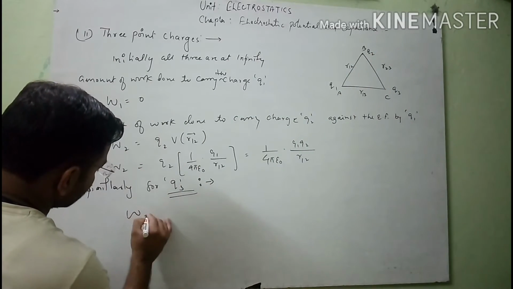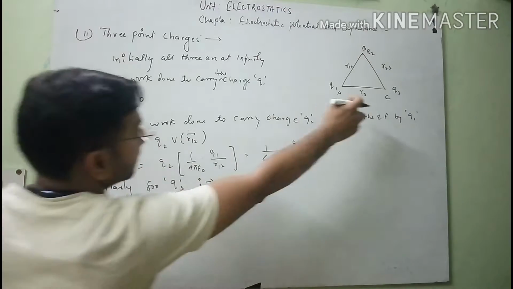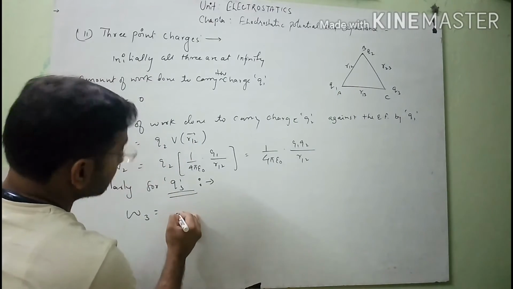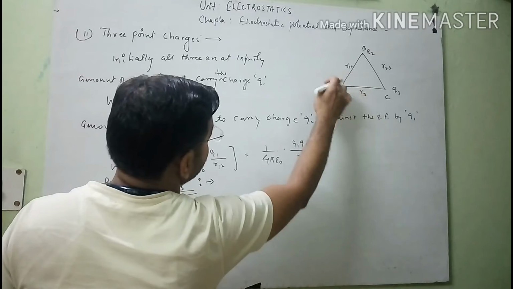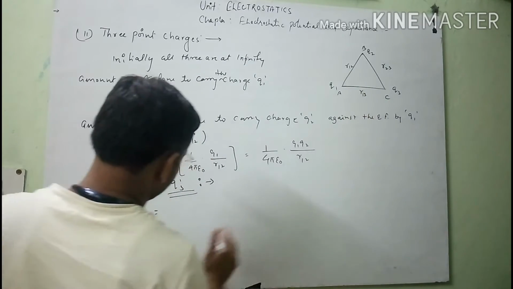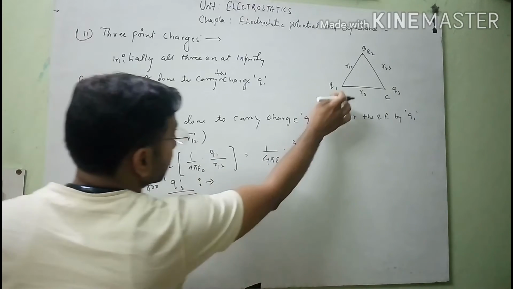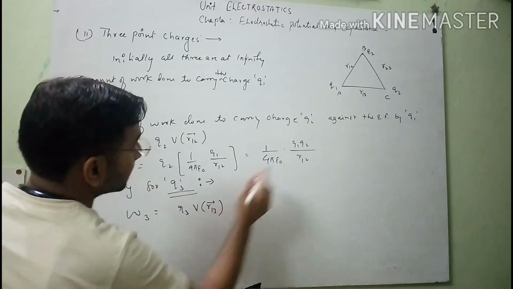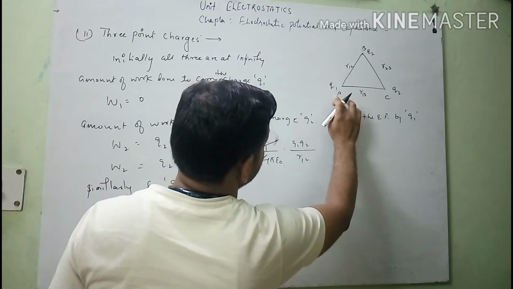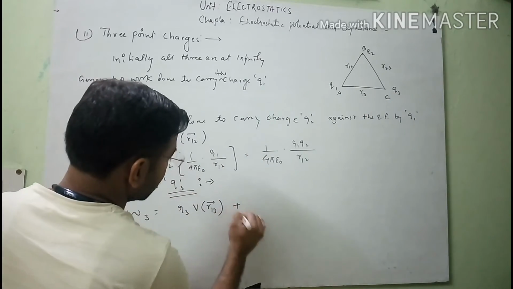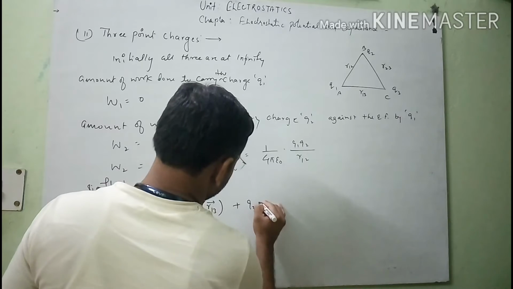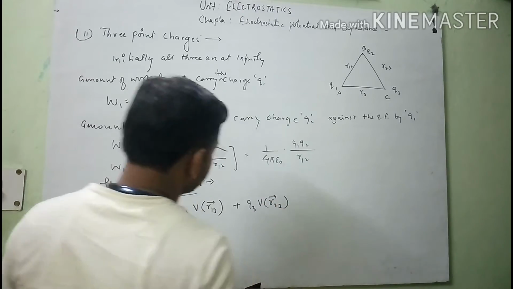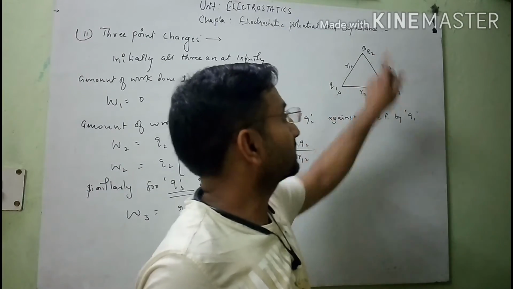So the work done to carry the charge Q3 is Q3 into V at R13, the electrostatic potential due to charge Q1, plus Q3 times the electrostatic potential due to charge Q2.